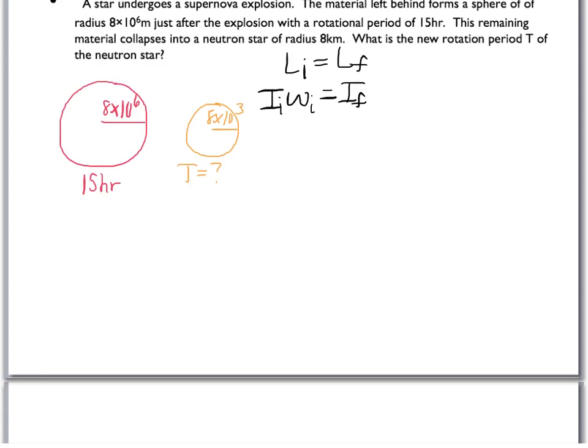And this I value would best be represented by modeling the stars as a sphere. If you look on page 300 in your books, you'd find that a solid sphere would have a moment of inertia of 2/5 m r squared.